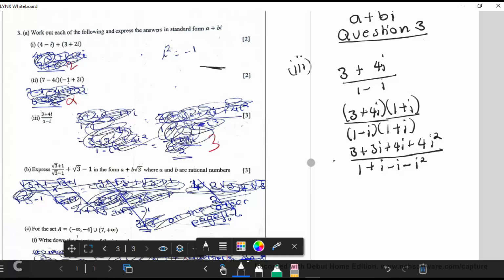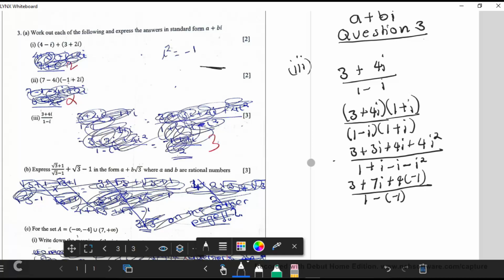So meaning it will be 3 plus 3i plus 4i to give us 7i, plus 4i squared. What is i squared? It's negative 1, so that gives us negative 4.